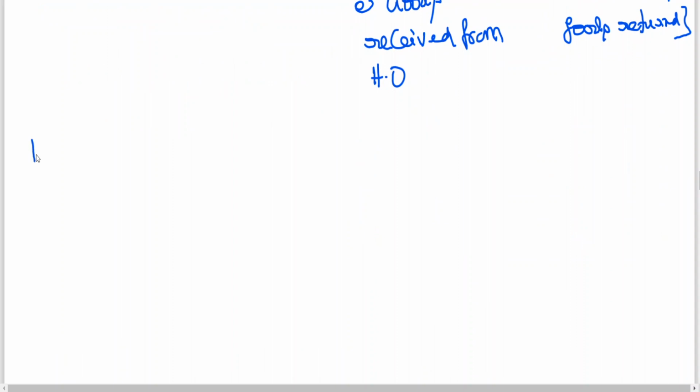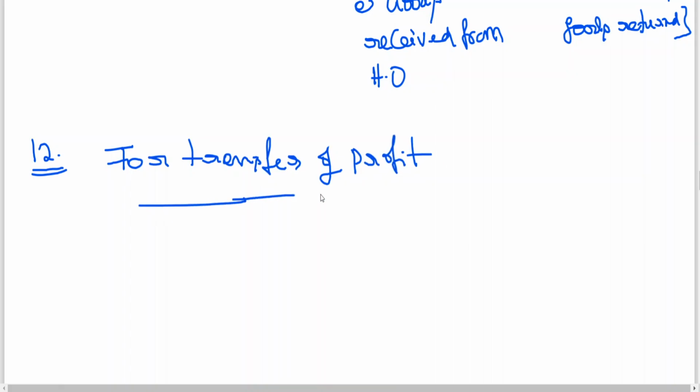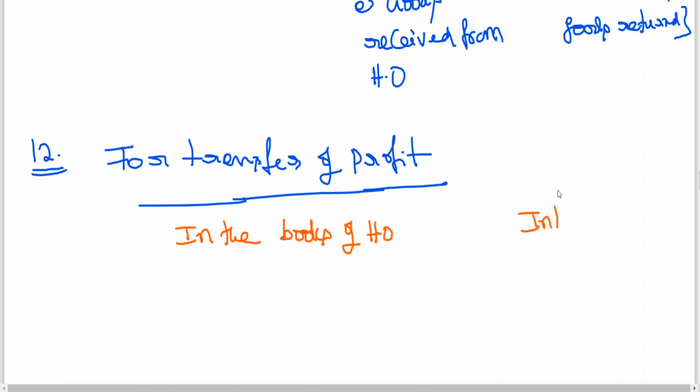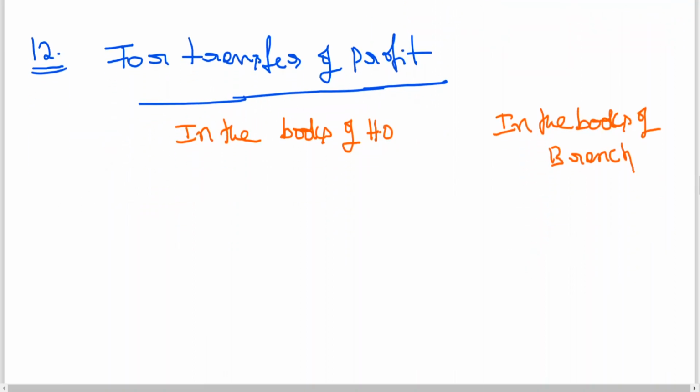Next, 12th point. Transfer of profit. Here I'm giving it separately. In the books of head office, of branch, their own property.